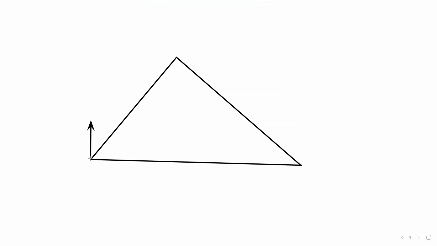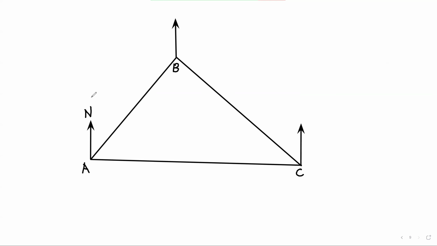So you have a north line at A, a north line at E, a north line at C. Okay, so this is A, this is C, this is B.